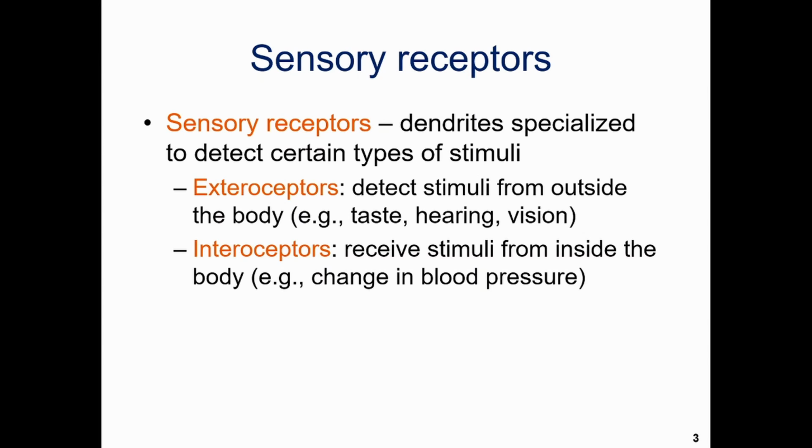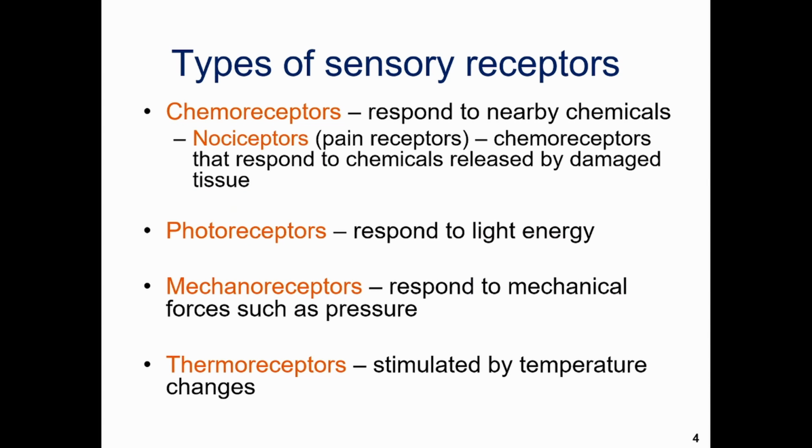So it's one way that we can classify receptors, but we can also classify them based on what they detect. So for example, chemoreceptors are going to detect chemicals. They're going to respond to some sort of chemical. A special type of chemoreceptor is the nociceptor, which is the pain receptor.